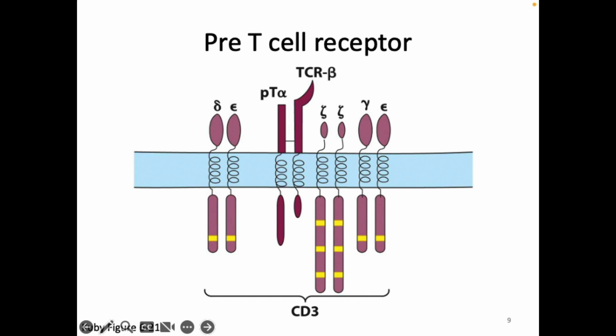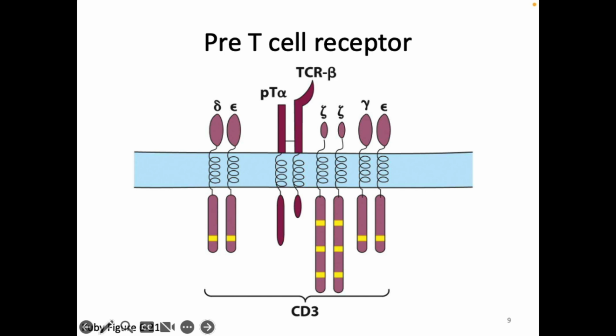In some cases, you also see it listed as pre-T alpha. So if you call it either PT alpha or pre-T alpha, I don't care. But you can see that it is pairing with the beta chain to allow for a whole T cell receptor to be signaling. It's also pairing with all of the CD3 chains at this point, so we can get a signal.